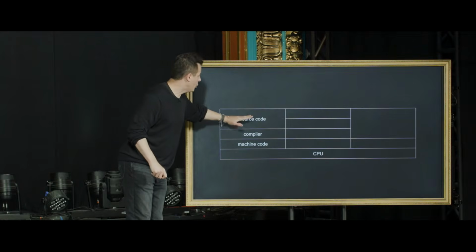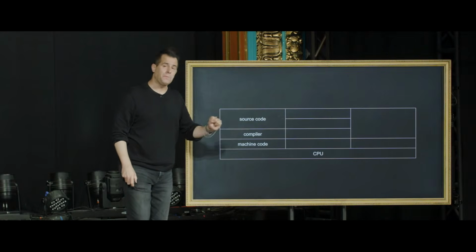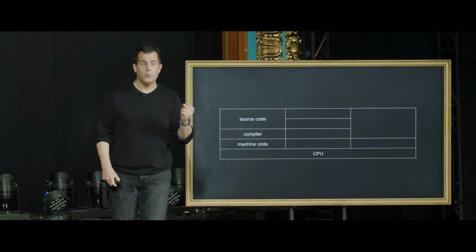Someone else smarter than me put in the time to write code that implemented a compiler so that I can just run the compiler by double-clicking an icon or typing some command in my computer to convert my source code into machine code. And the upside of this is that even though it might take a moment, a second, a few seconds, maybe a few minutes for massively large projects to convert source code to machine code, once it's stored as zeros and ones, it's going to be really fast on my Mac, my PC, or my phone.